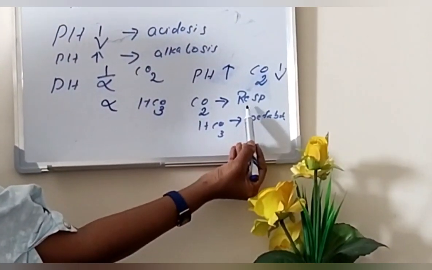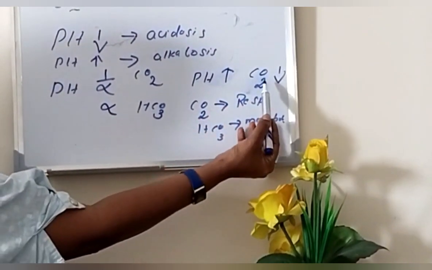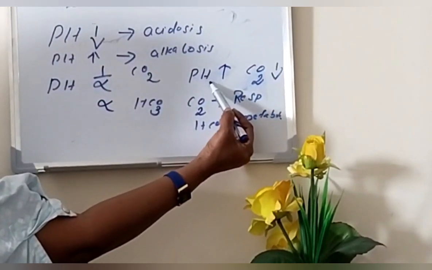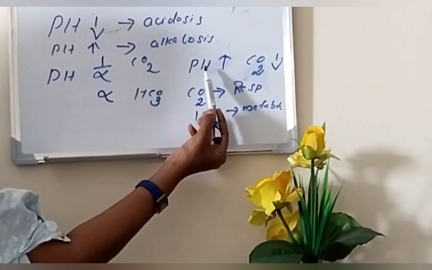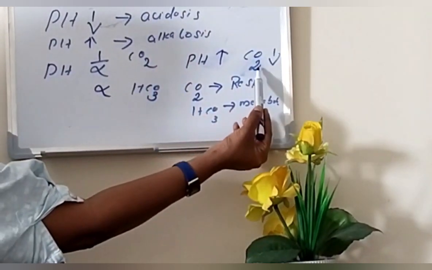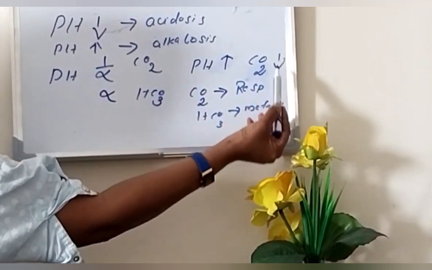CO2 is respiratory, so it's called respiratory alkalosis. Alkalosis means pH goes high, respiratory is CO2. When pH goes high, CO2 will go down.